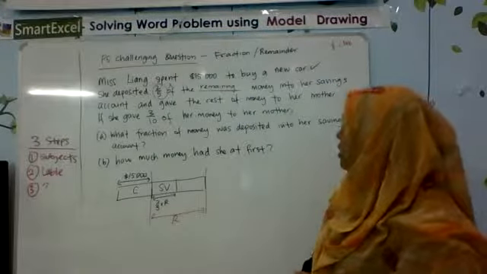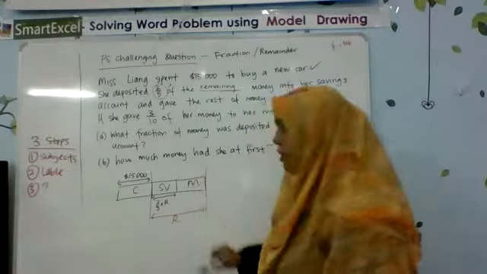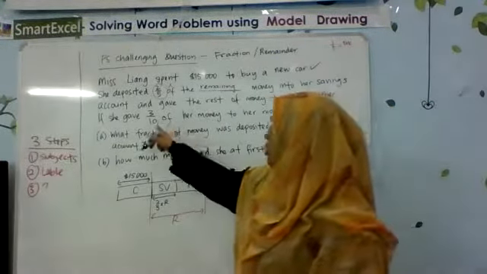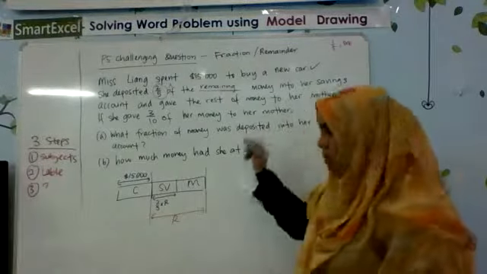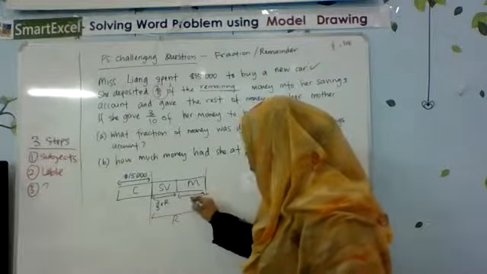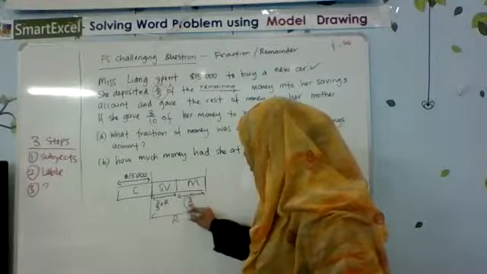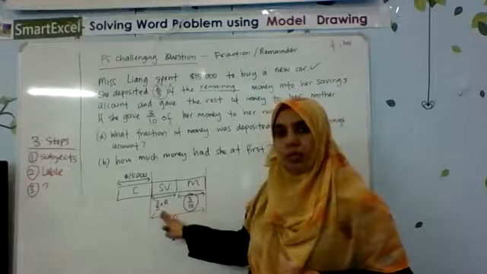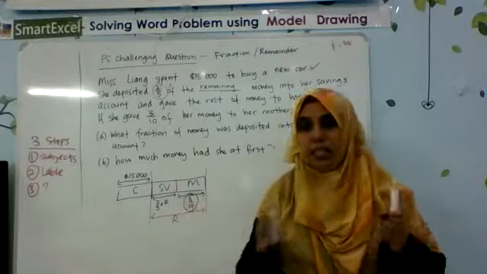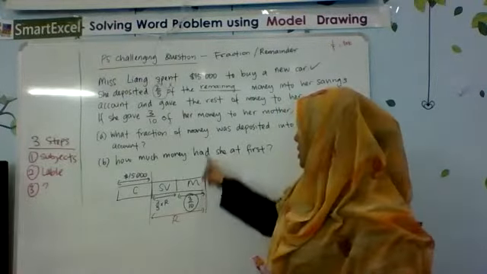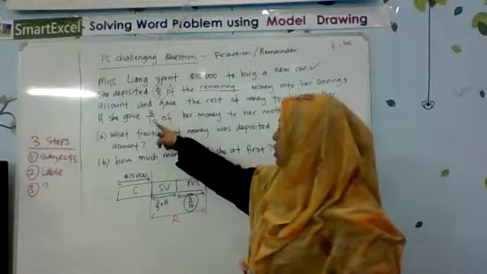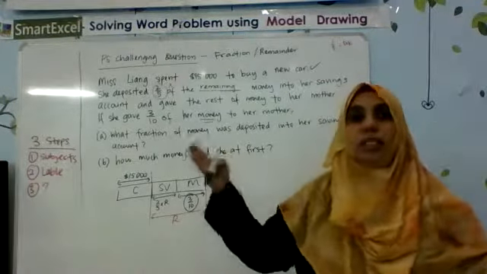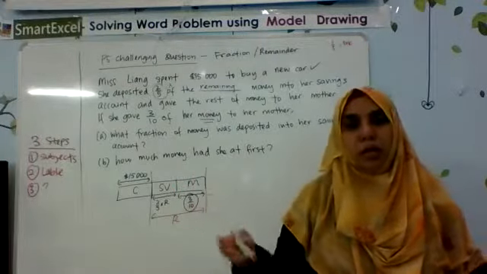Then after that, she gave the rest to her mother. If she gave her mother 3/10 of her money, the actual fraction is 3/10. There is a difference: when they say 2/5 of something, it's not the actual fraction. The actual fraction is when they mention 3/10 of her money. Her money refers to the total sum, the original amount of money that she has.